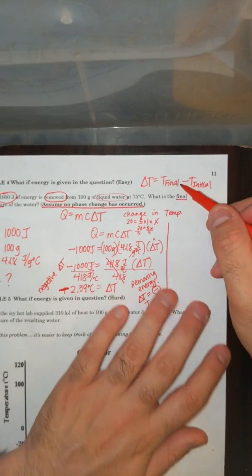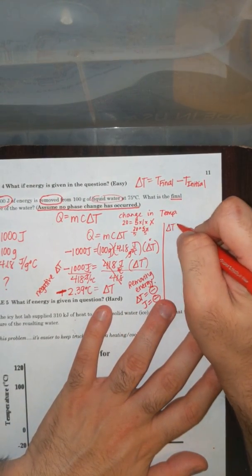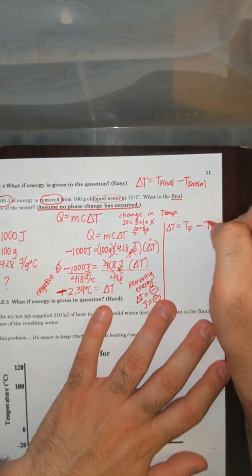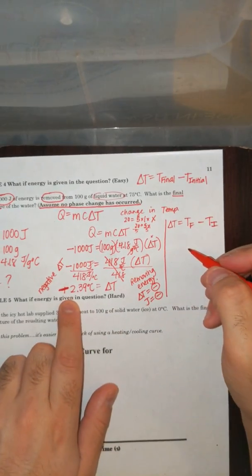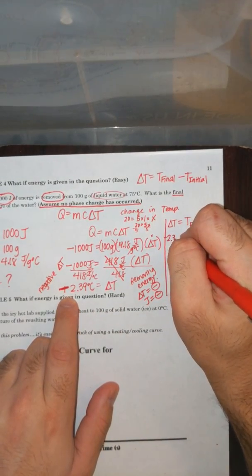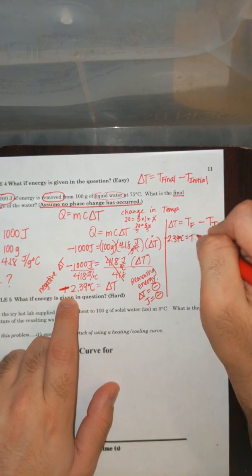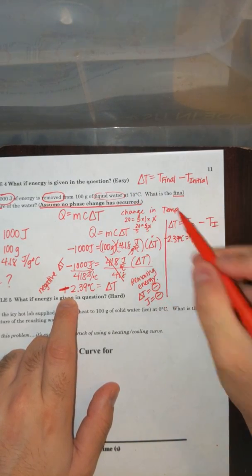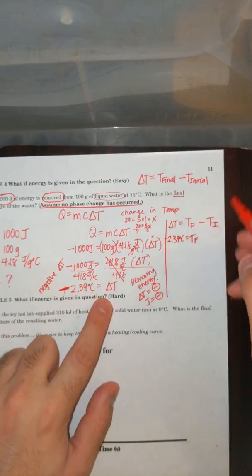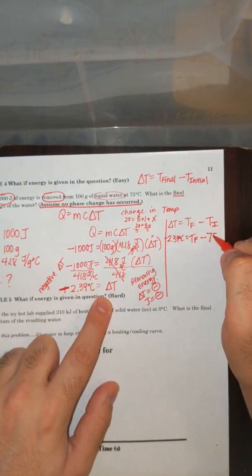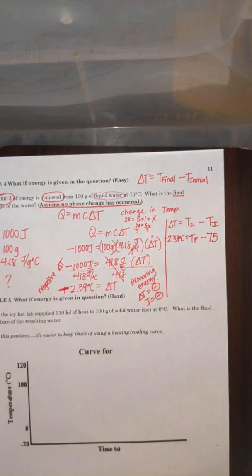Now, at the top, I said delta T is equal to T final minus T initial. I just solved that my delta T is negative 2.39 degrees Celsius. I don't know what my T final is, I'm looking for it, but I do know that my T initial is 75.